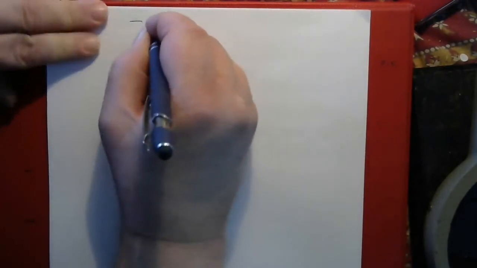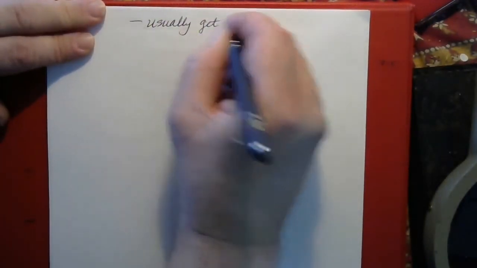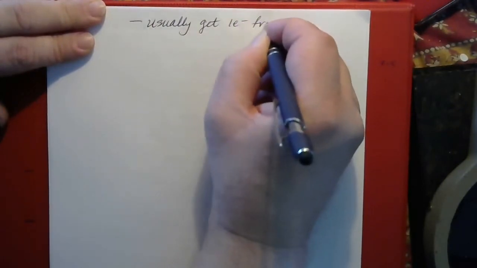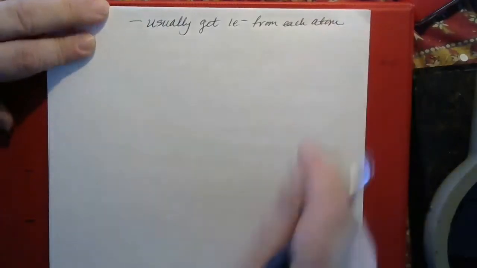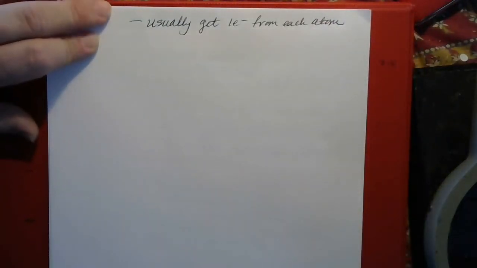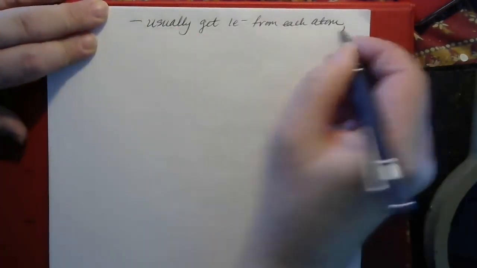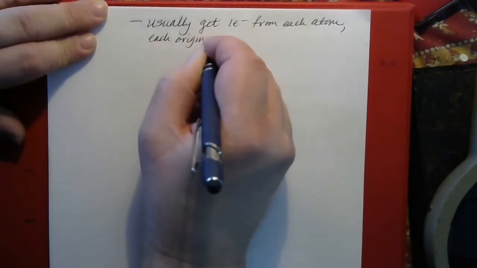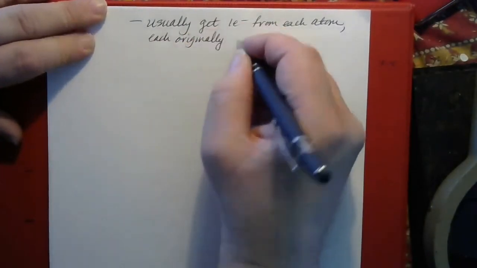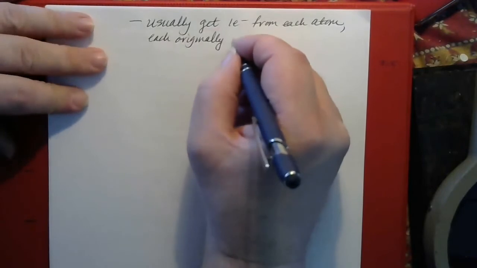Usually what you have is one electron from each atom. Each of them would originally have been in a half-filled orbital.